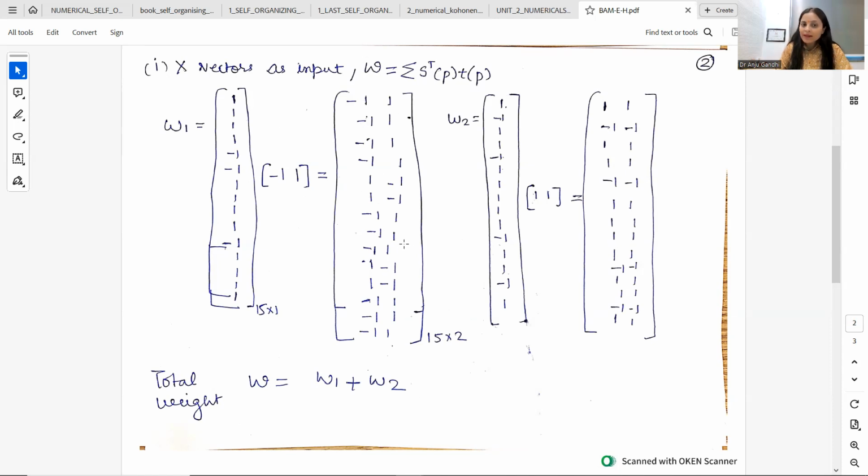In this way we get a 15 by 2 matrix after applying this algorithm rule.